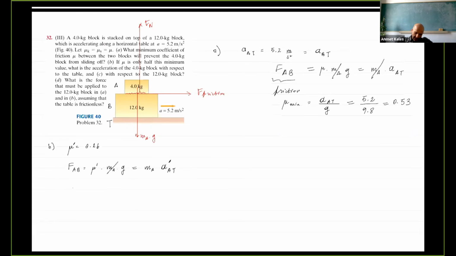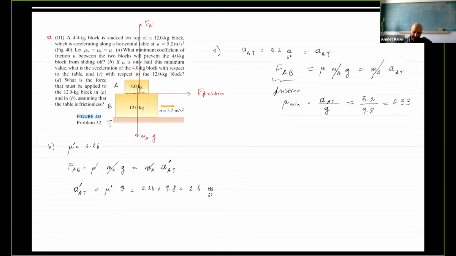And from here, just cancel MA. A of A with respect to table in the new case is equal to mu prime G. That's it, mu times G. And if you multiply, it is like 0.26 times 9.8, and I found 2.6 meter per second squared.